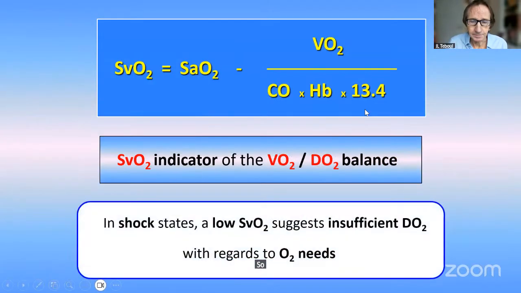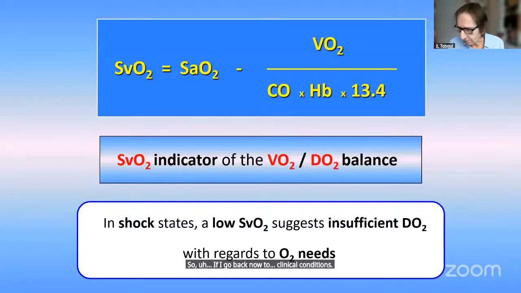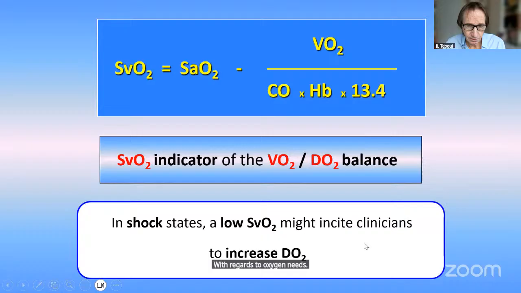So if I go back now to clinical conditions, I would say, according to this equation, in shock states, a low SVO2 suggests insufficient oxygen delivery with regards to oxygen needs. And therefore, this might incite clinicians to increase oxygen delivery. So this is a very practical message.